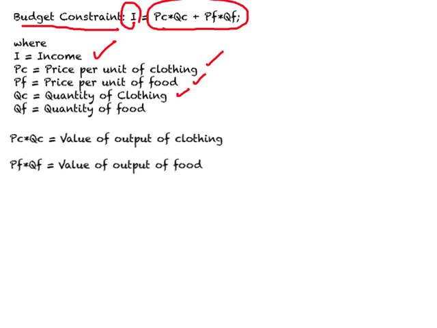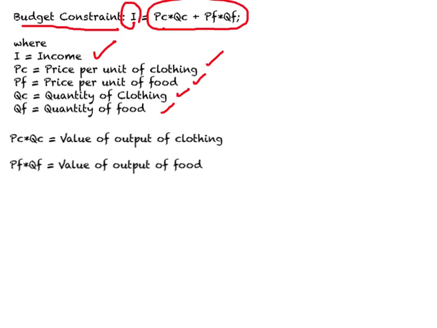Remember when we looked at the consumer side, we looked at quantity of clothing consumed or demanded or desired. Now since we are looking at this from the production side, QC will represent quantity of clothing produced and QF will represent quantity of food produced.